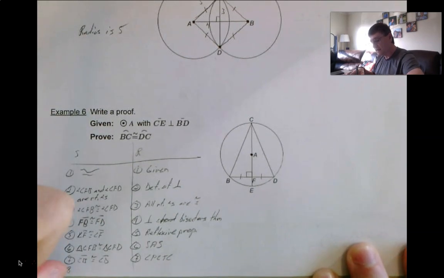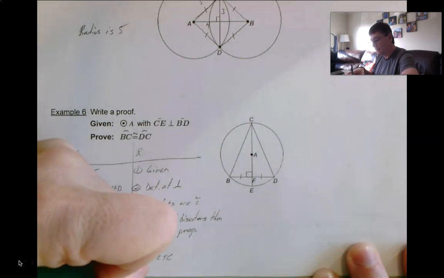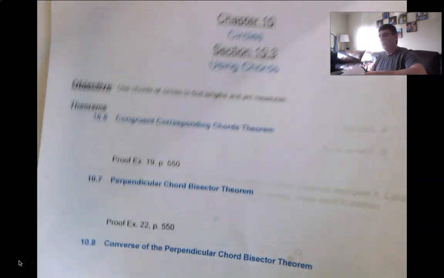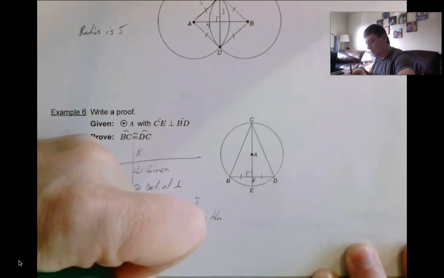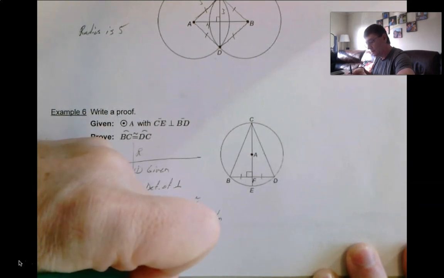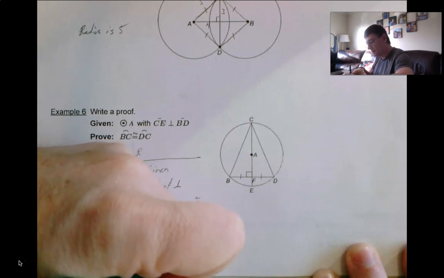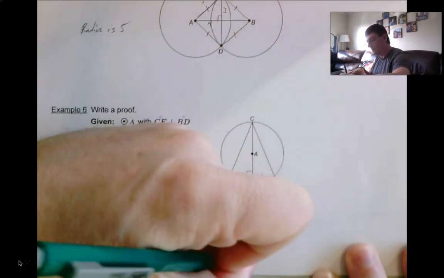And finally, statement 8, arc BC is congruent to arc DC by the congruent corresponding chords theorem. Congruent corresponding chords theorem. QED.